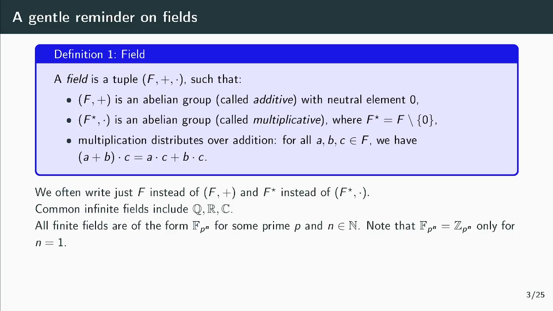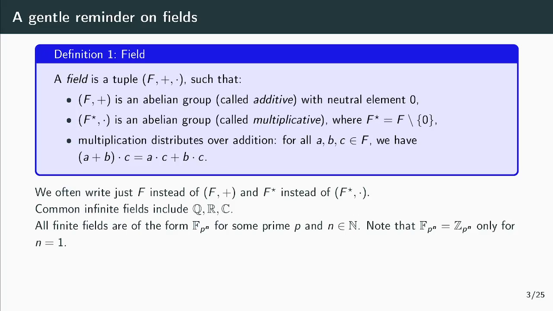You should be familiar with the set Z_p of integers modulo the prime number p, and when n equals 1, we have F_p equals Z_p as sets. But this is not true for n larger than 1, so be careful with this.